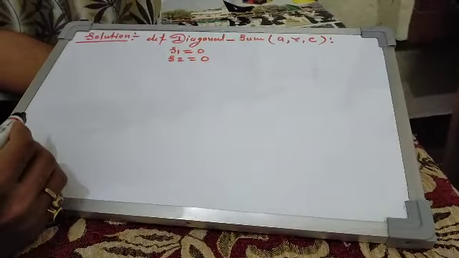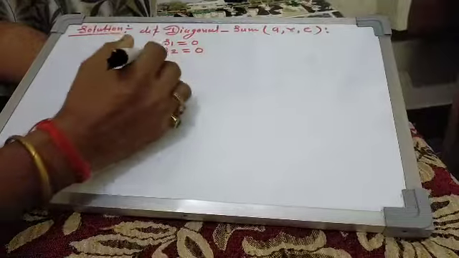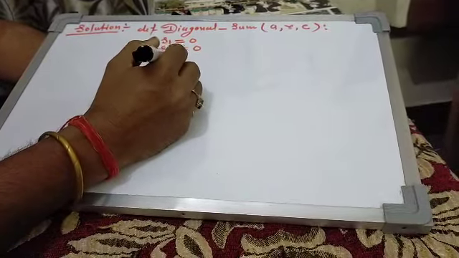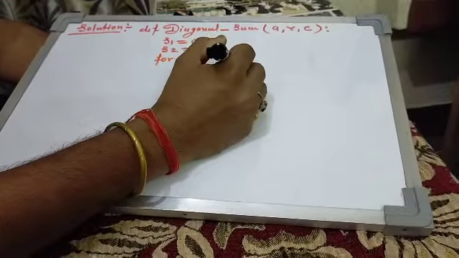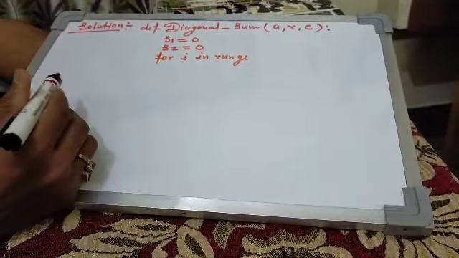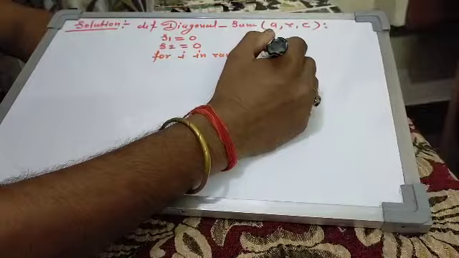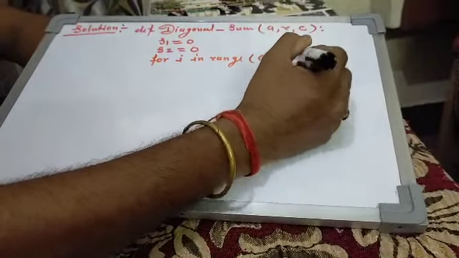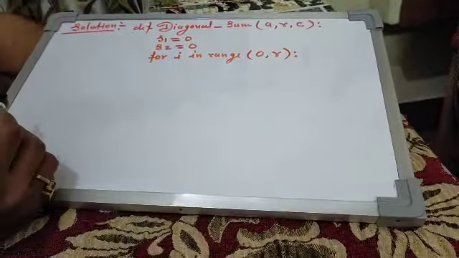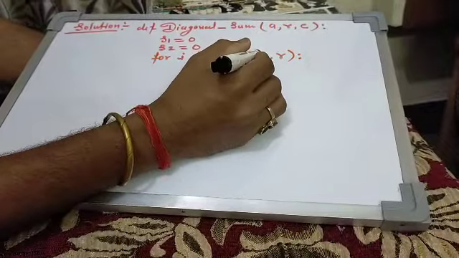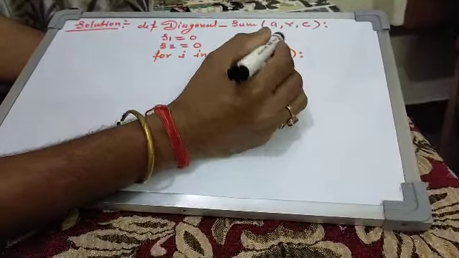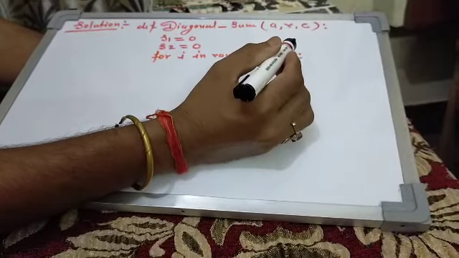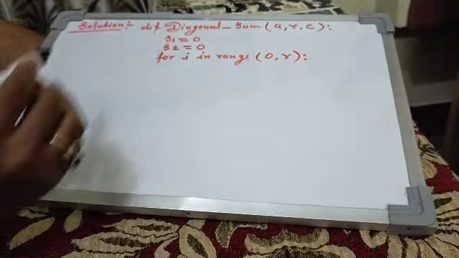Now we generate a loop: for i in range 0 to r minus 1, means this loop runs from 0 to r minus 1, whatever r you have given at execution.